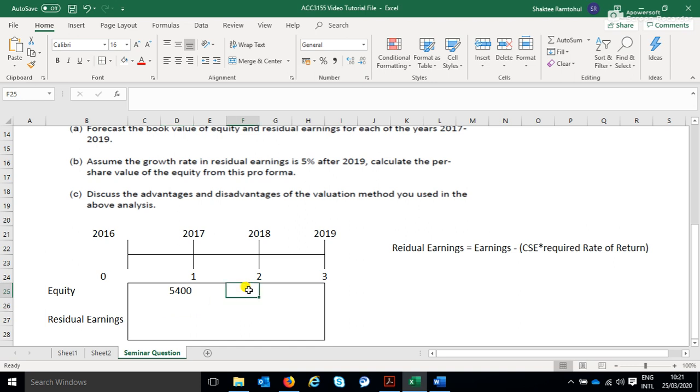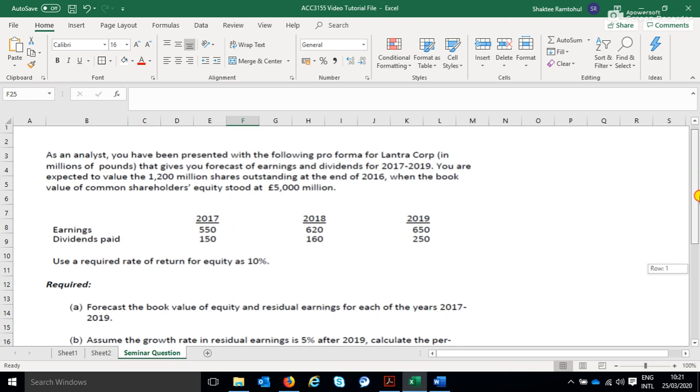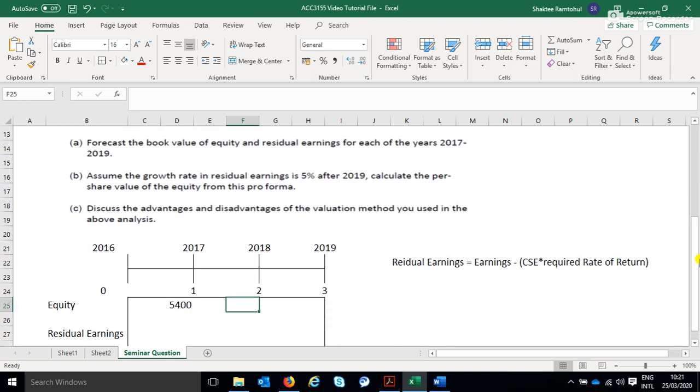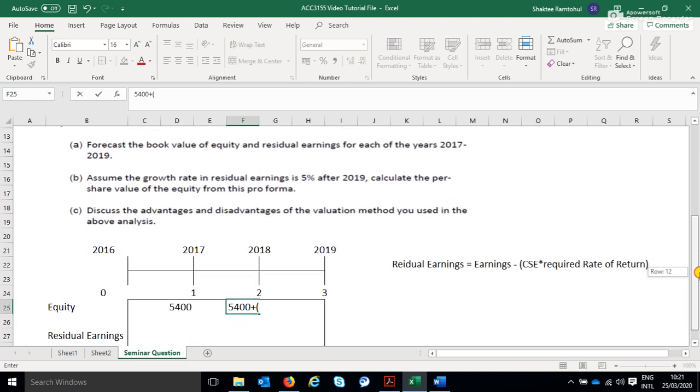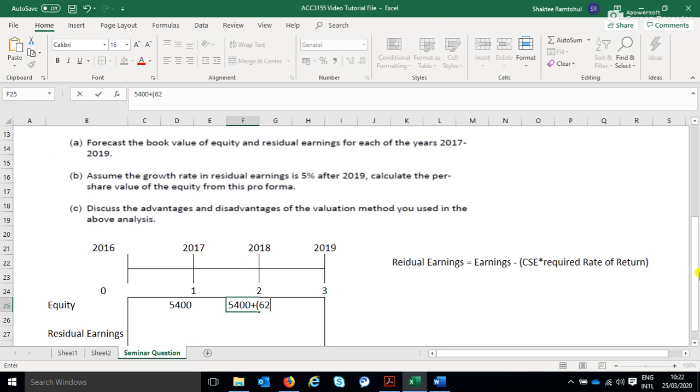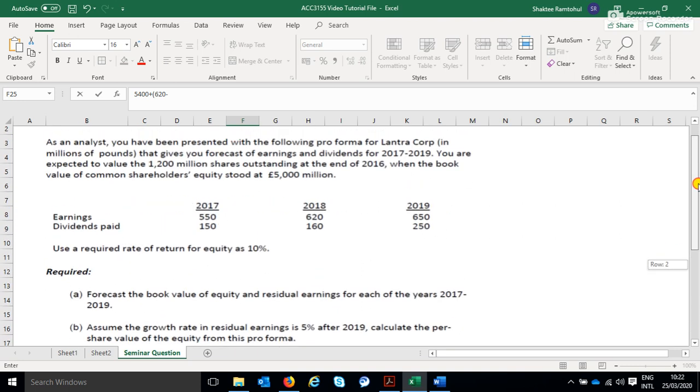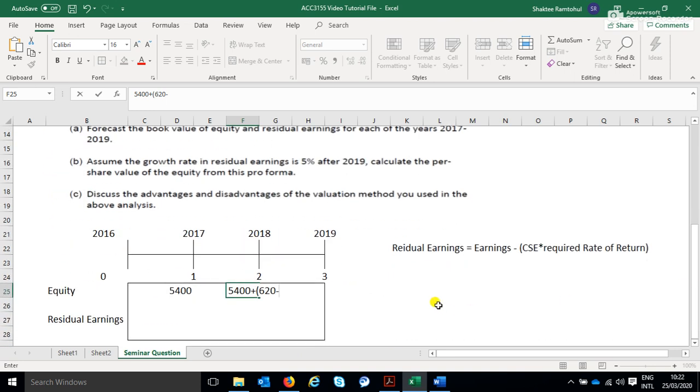Now let's do the same thing for 2018. What would the 2018 equity figure comprise of? It will comprise the equity figure for 2017, plus whatever earnings we earned in 2018, which amounts to 620, minus any dividend paid in 2018, which amounts to 160.